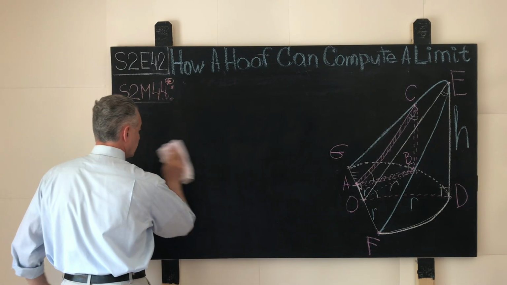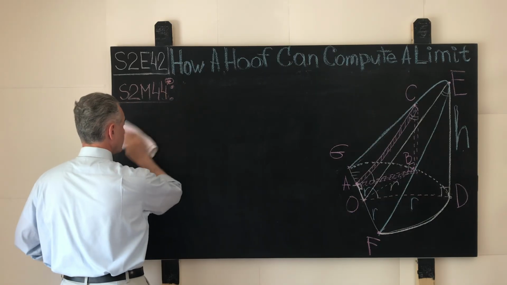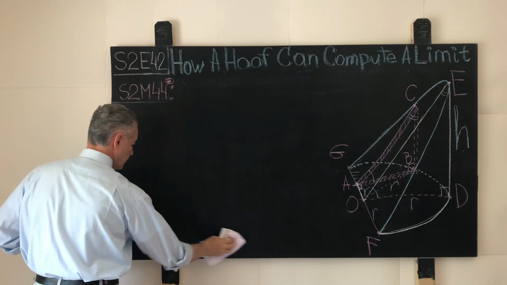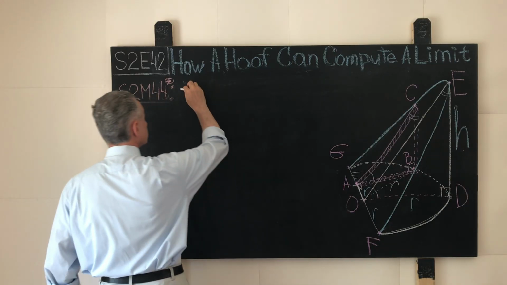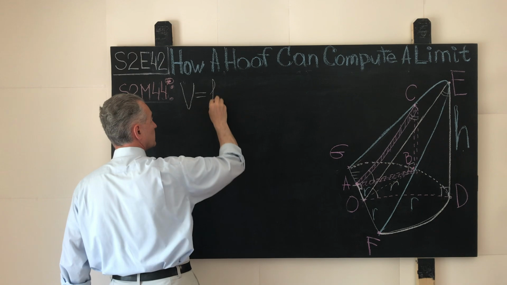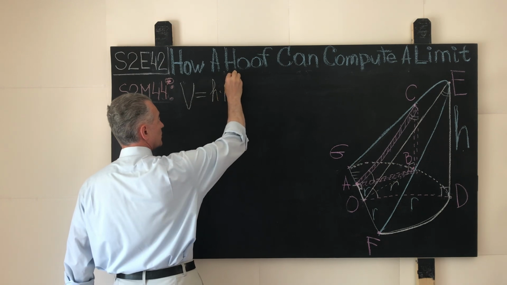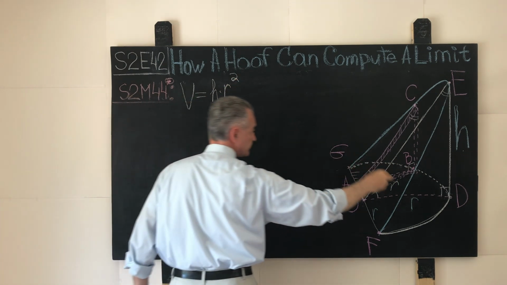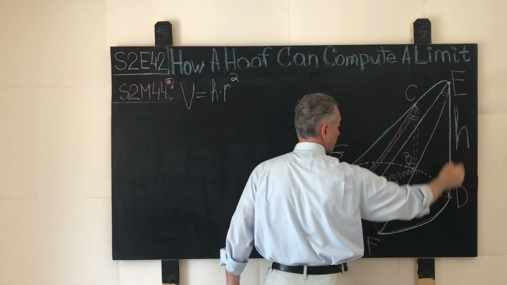Very good. Now we take the formula for the exact volume of our hoof of Archimedes, V. Remember, we cancel the 2's out. What will we have left? H times r squared. H is the height of our hoof of Archimedes.